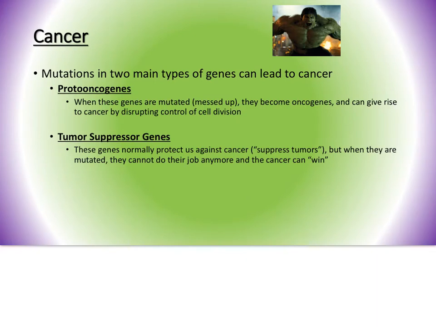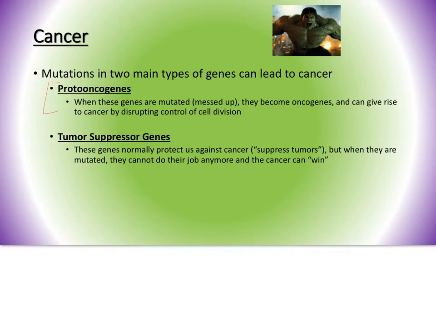Now, mutations in two different types of genes in particular can lead to cancer. The first one here is referred to as a proto-oncogene. Proto, the prefix kind of meaning before, right? And then onco, the prefix referring to cancer. So before cancer gene.